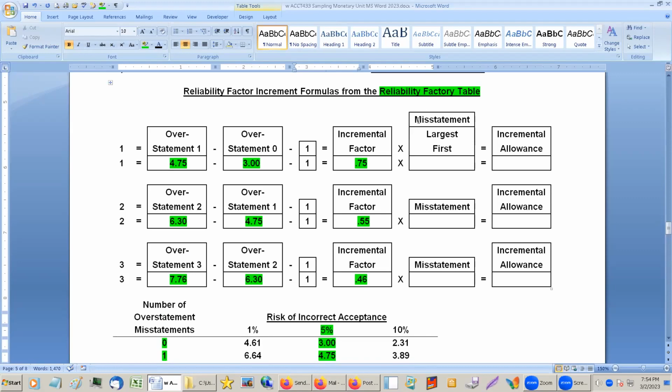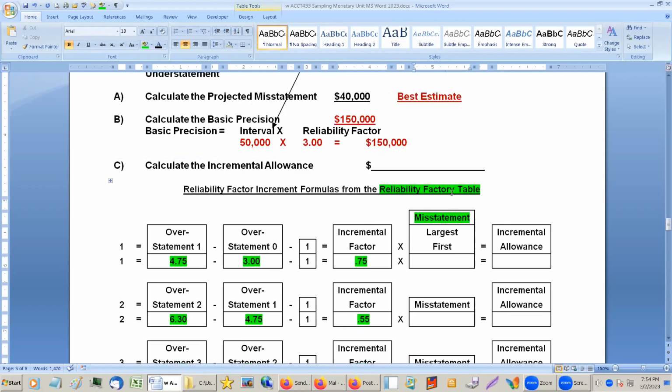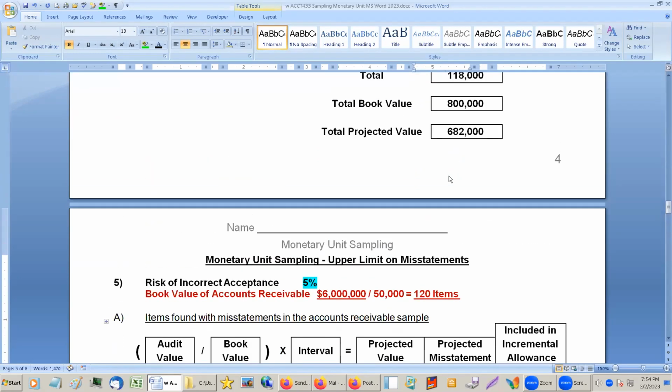Okay, so we're going to look at the misstatements above. And we use the largest one first. The largest misstatement is going to go in this first slot here. So let's go up to our misstatements.